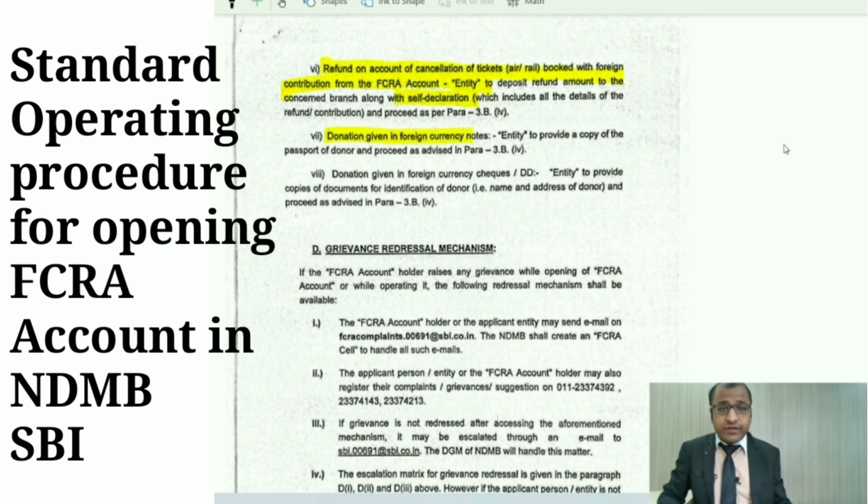For a donation given in foreign currency notes, the entity again has to provide the passport of the donor along with the declarations and the undertaking. For a donation given in foreign currency checks, the entity has to provide copies of the documents for identification of the donor, which should contain the name and address of the donor, and again the undertakings and the declaration.